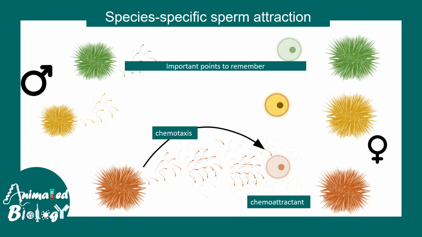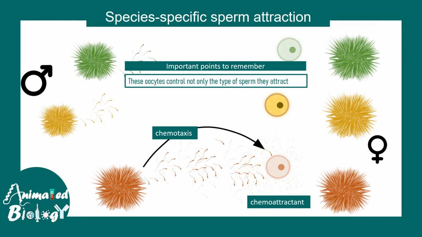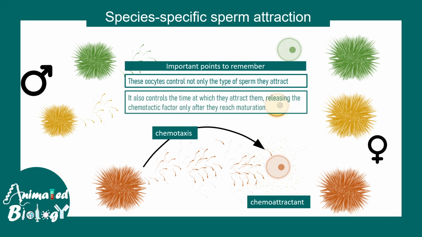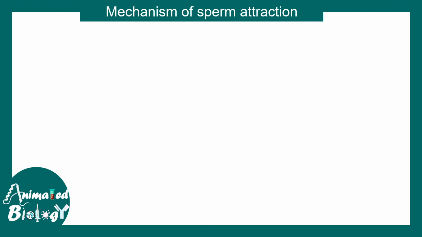An important point to remember is that the sea urchin ovum can not only control the type of sperm it attracts, but also regulate the time it wants to attract the sperm. The best time to attract the sperm is when the ovum is mature. So these are the factors that are taken care of by the sea urchin ovum.